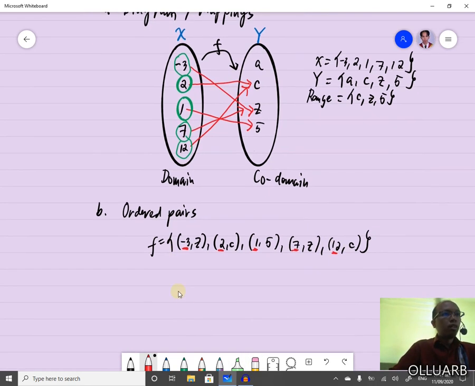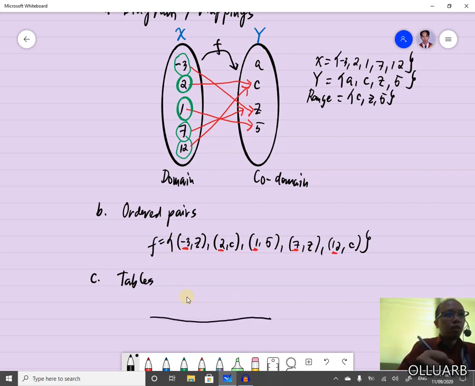Okay, the third one is using tables. So for example, if you have this one, this is our x and y.